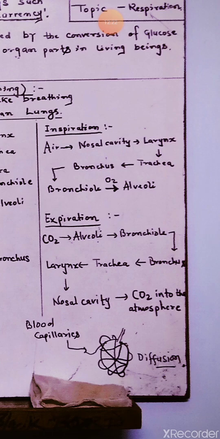CO2 may harm us, so CO2 needs to be expelled out, so the expiration process is needed. So CO2 enters the alveoli after diffusion, then comes into the bronchioles, then the bronchus, then the trachea, and through the larynx comes into the nasal cavity, and finally such CO2 gets out of our respiratory tract.